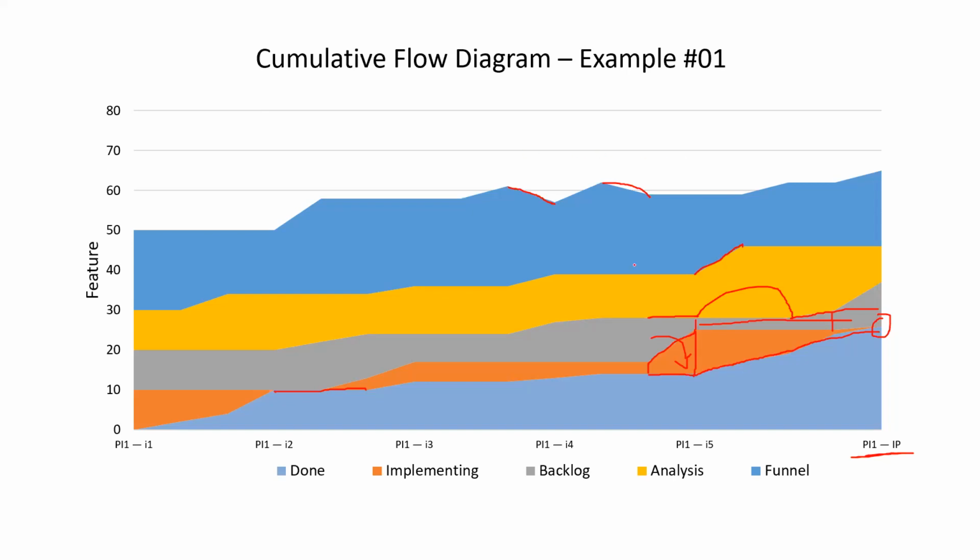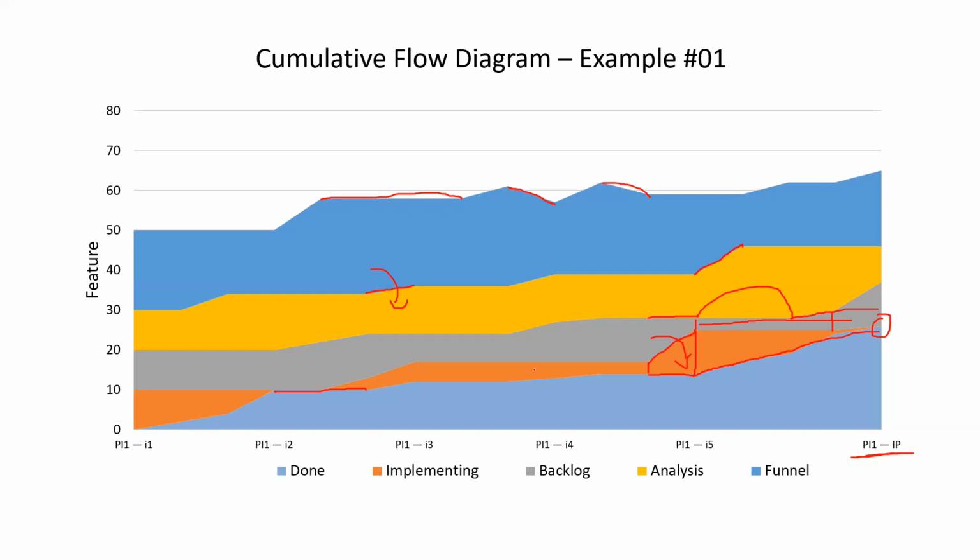No. Because see here, this line is flat, but this line went up. What does it mean? The number of issues in the funnel remained the same, but some issues got moved from funnel to analysis stage. The gap of the funnel line will get reduced.